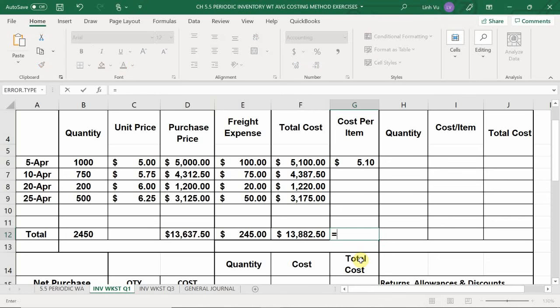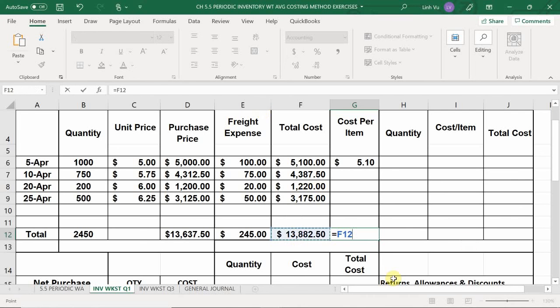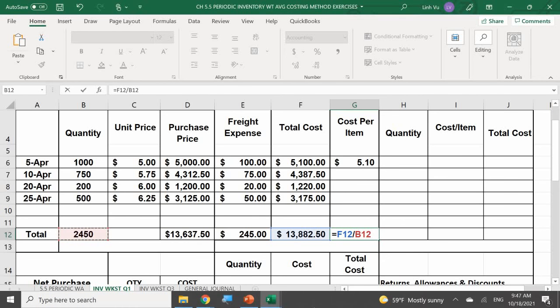Now in this case, how do I solve for my average cost per item? What's my total cost? Total cost divided by quantity. Good. So I'm going to take my total cost of 13,882.50 and divide it by my total quantity of 2,450.